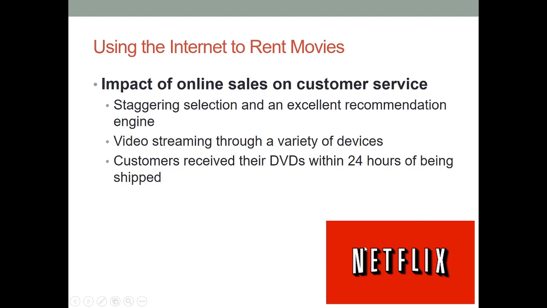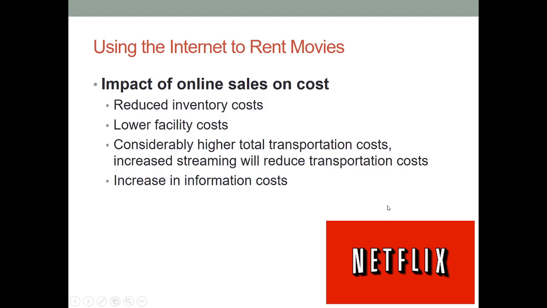Netflix, impact of online sales on the customer. Netflix has an excellent recommendation engine for the movies and so on, with video streaming through a variety of devices, and customers can get the DVDs within 24 hours.